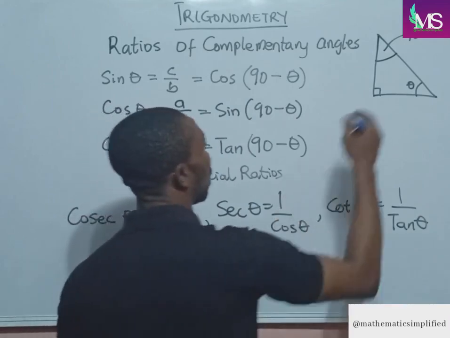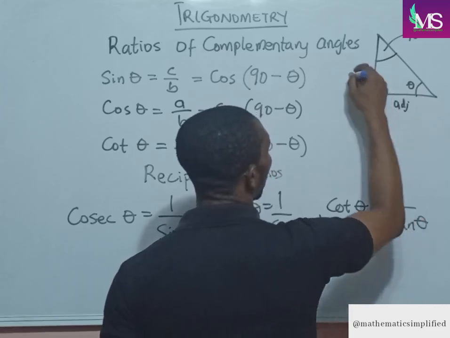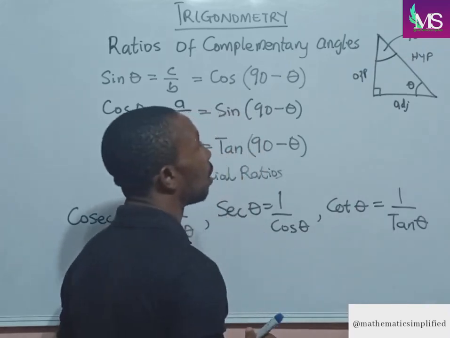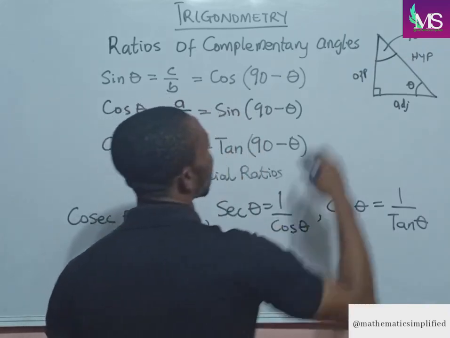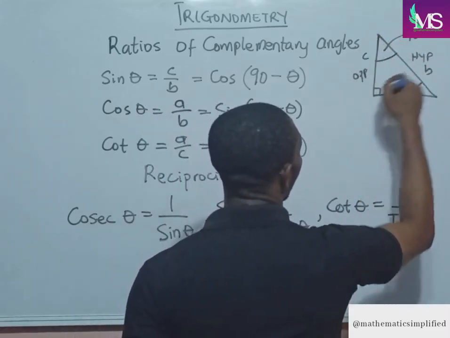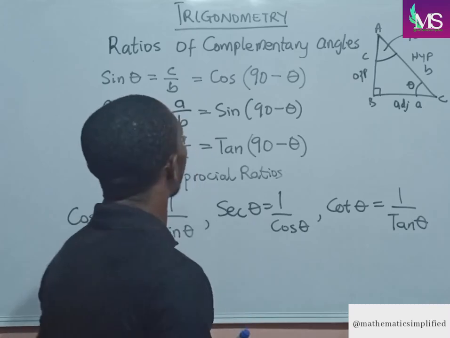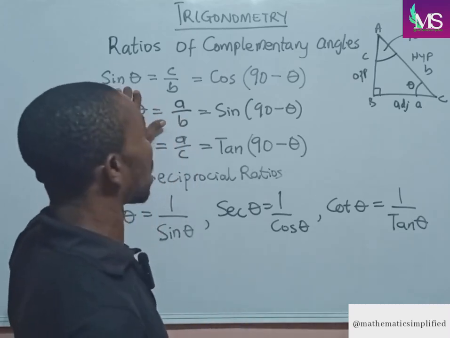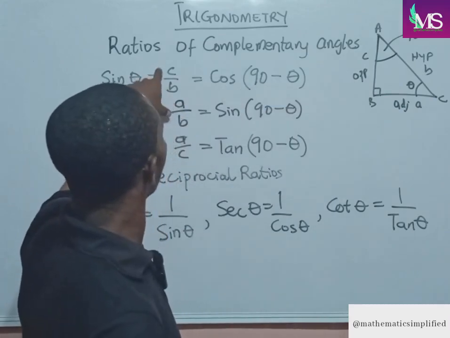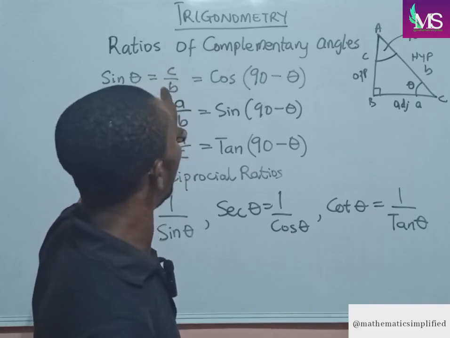And we know that this is our adjacent, opposite, and hypotenuse. Now, we've established that sine theta is equal to opposite over hypotenuse, which is c over b.